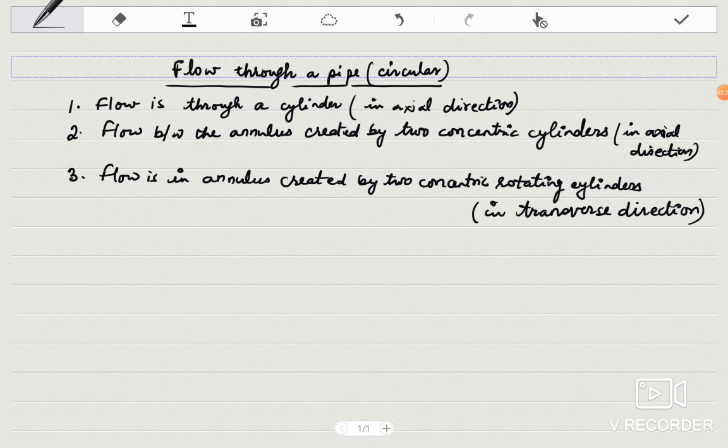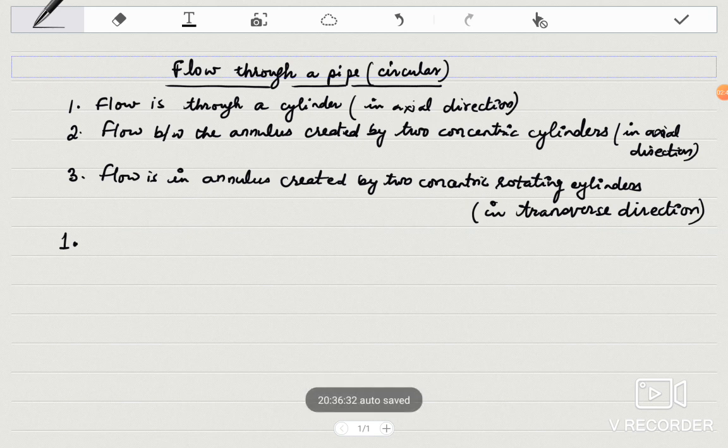So I am taking the first one, case 1, in which your flow is through a circular cylinder. I am writing some physical properties of the fluid and the cylinder, which are applicable in all the three cases.